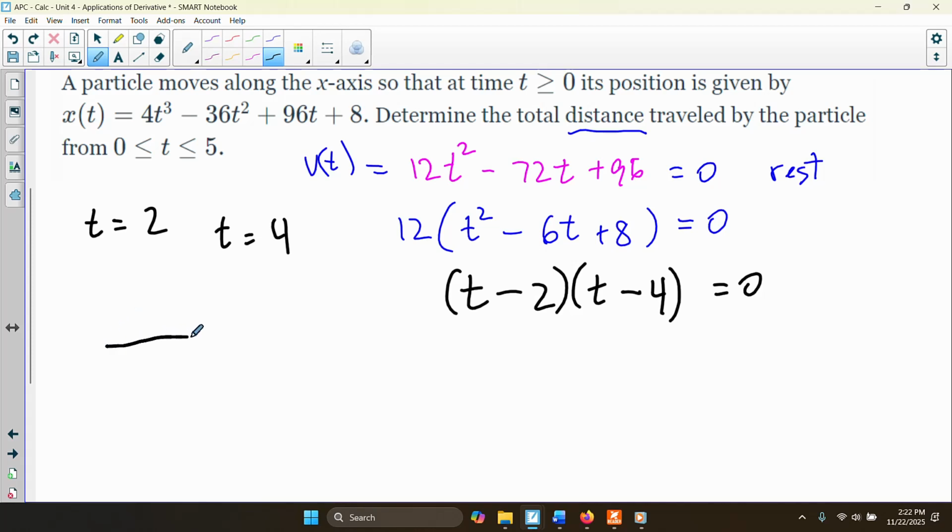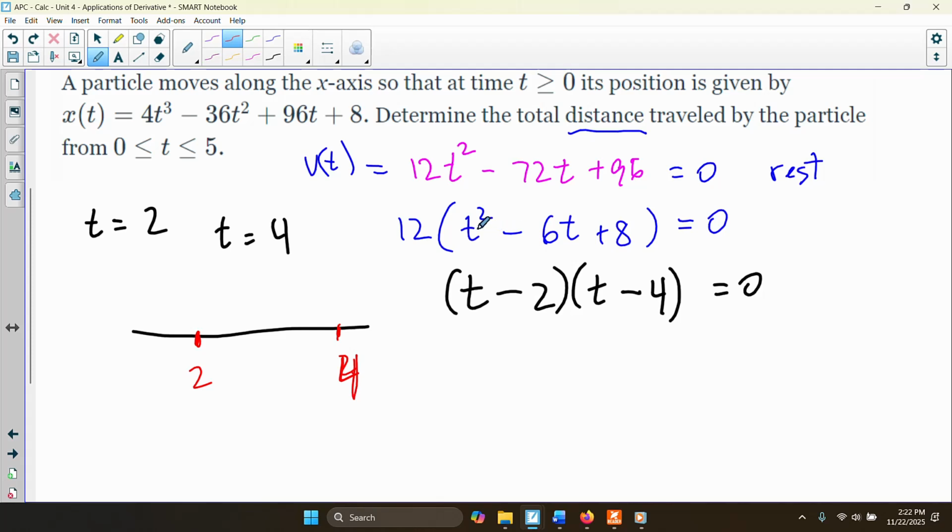Let me make this a little straighter. Okay, my zeros are right there, 2 and 4, and let's create a plus-minus sign chart.